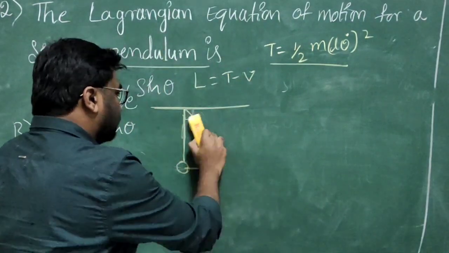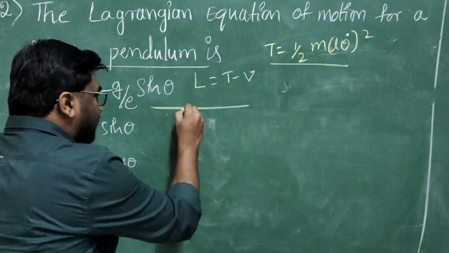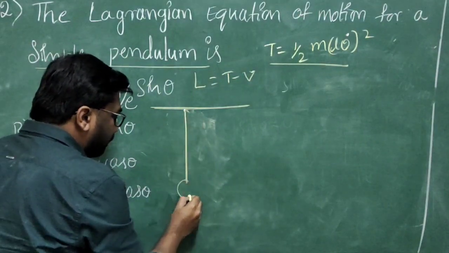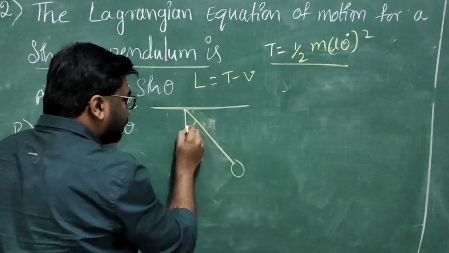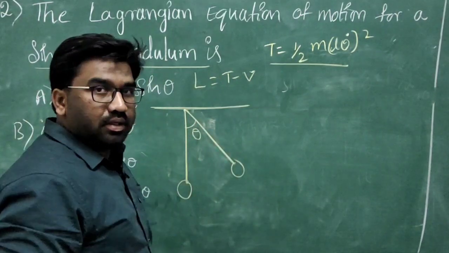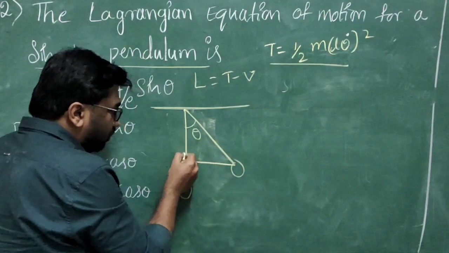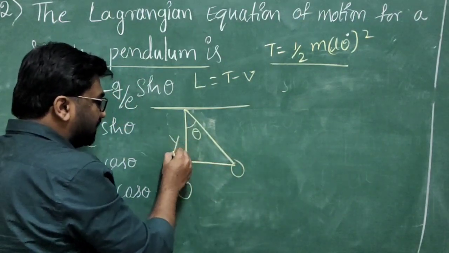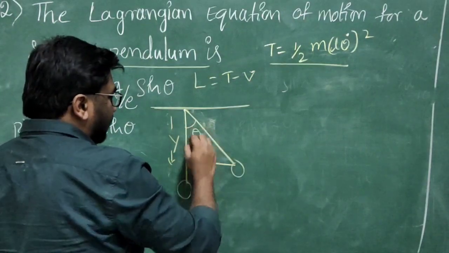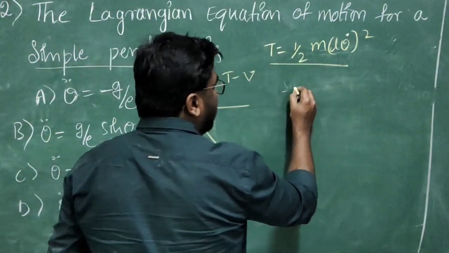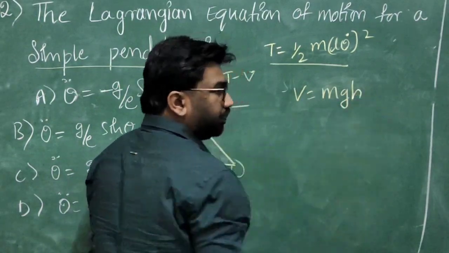See, let us consider a bob which makes some angle theta. Let us draw a perpendicular line to this vertical axis. Let us consider this is the y axis. We know that the potential energy V is nothing but mgh.